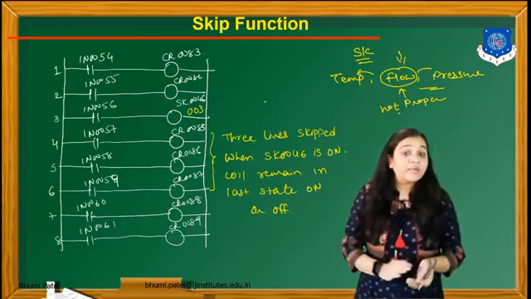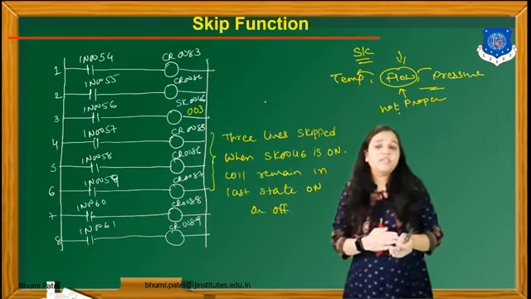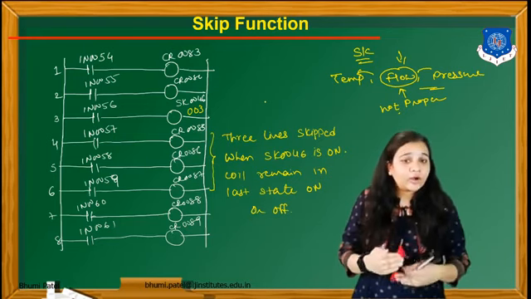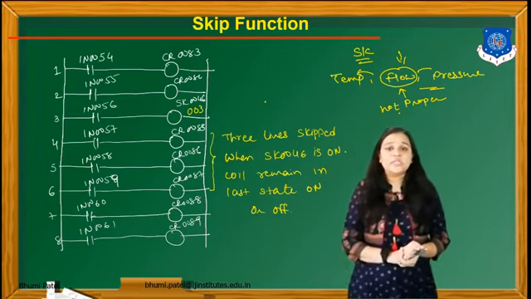Whenever we deal with a program that is connected between two rungs or between two plants, and any rung or plant has some difficulty, we can use the skip function.